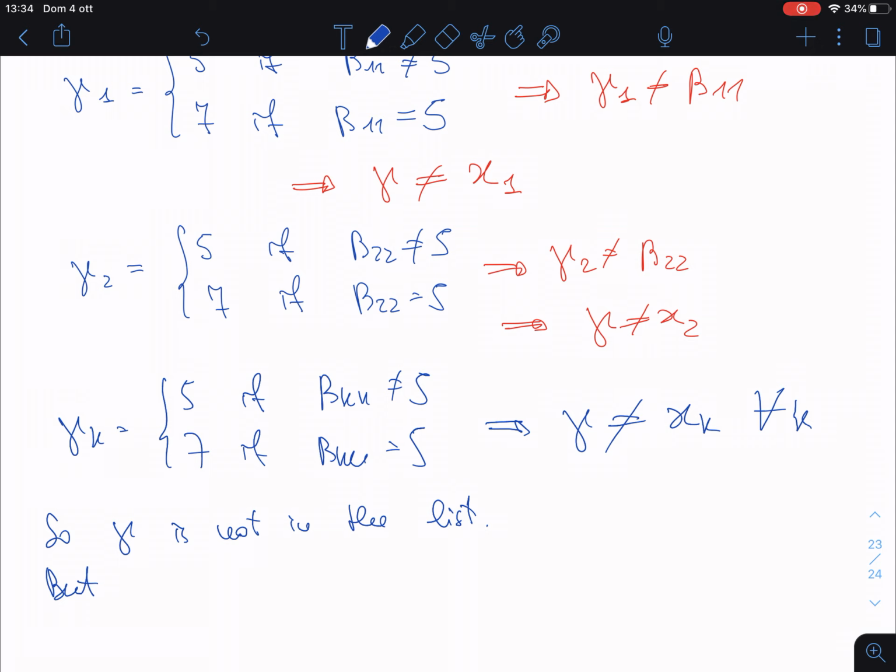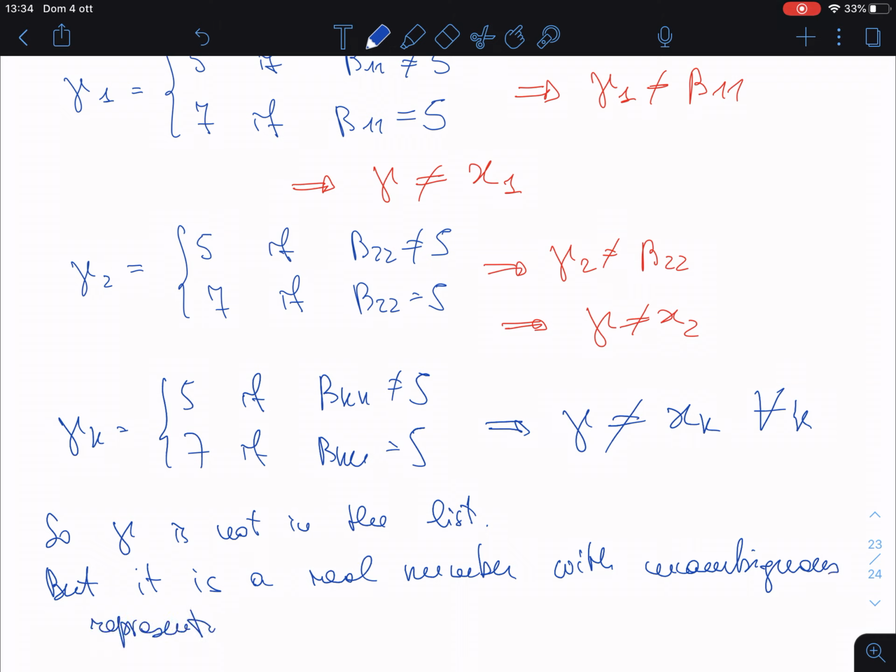There is a digit part and an integer part. Moreover, it is a real number with only one expansion, with only one representation, because there are no 9s nor 0s. So it is unambiguous. End of the proof. Think of it.